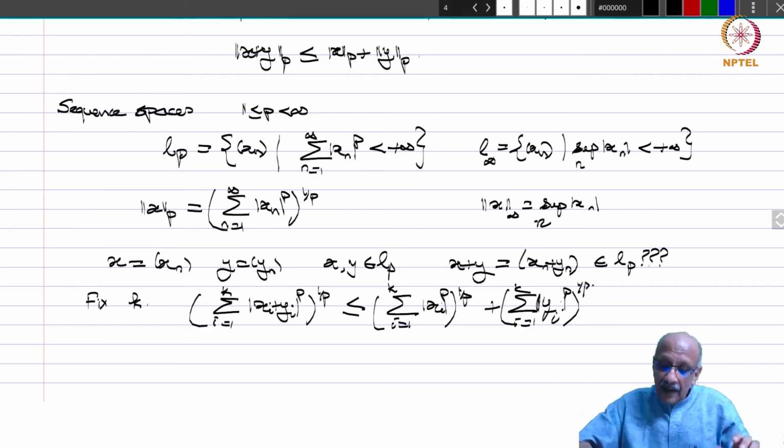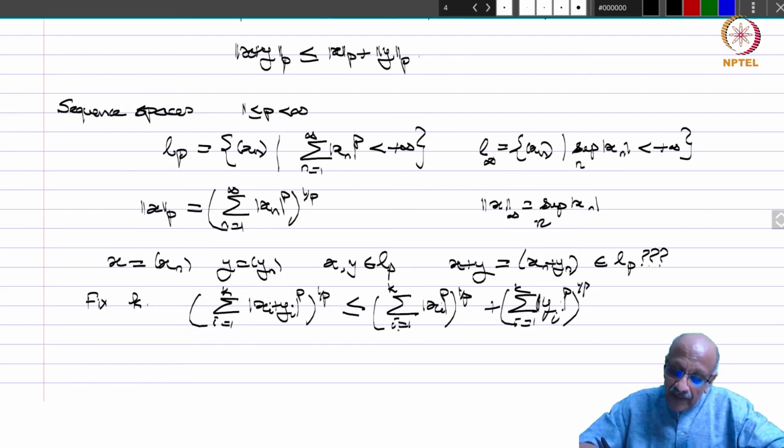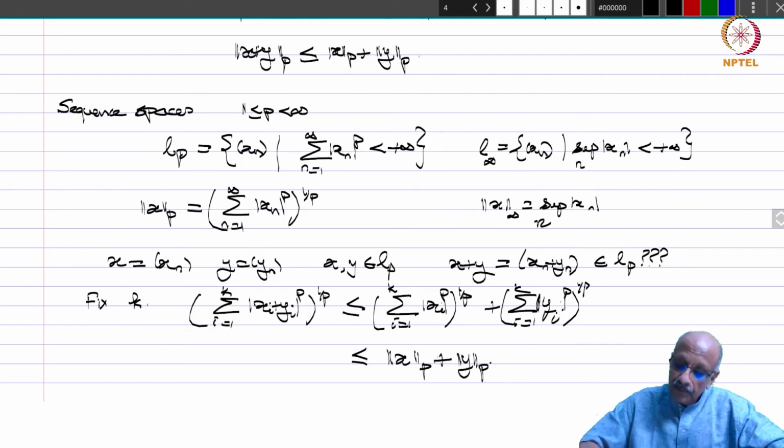Fine. But on the right hand side, I can replace it by a bigger sum. So instead of k, I'm going to put infinity there. So this is less than or equal to ||x||_p, which is defined like this, plus ||y||_p. So this is true for every k, and therefore I can let k tend to infinity.